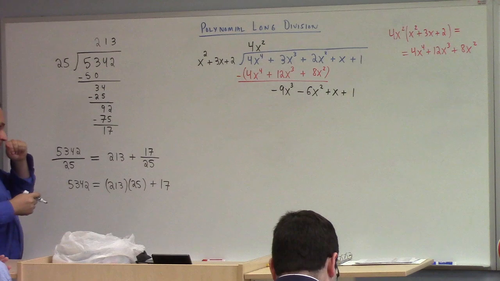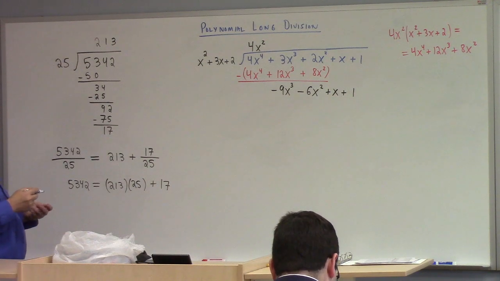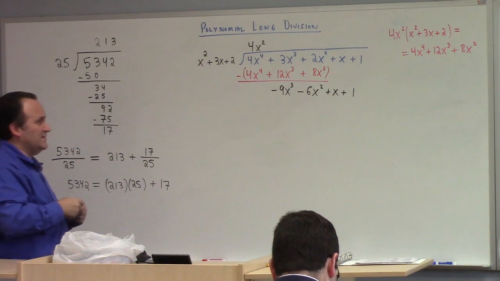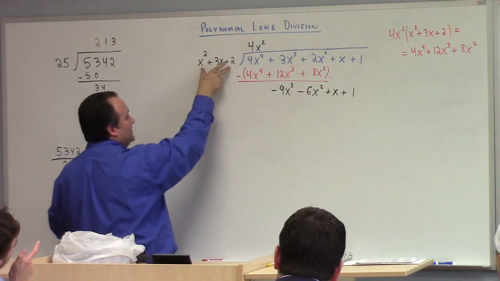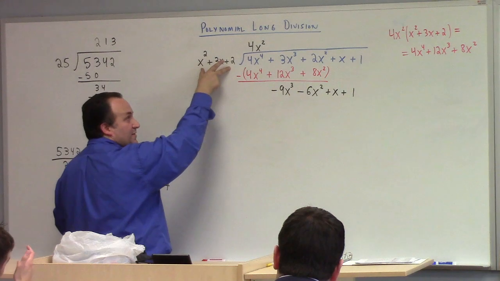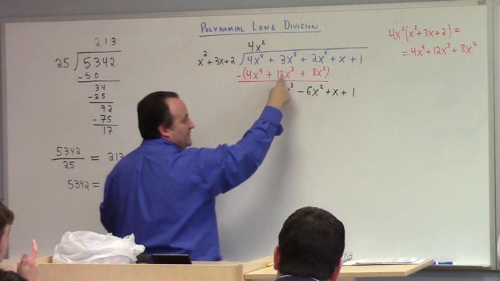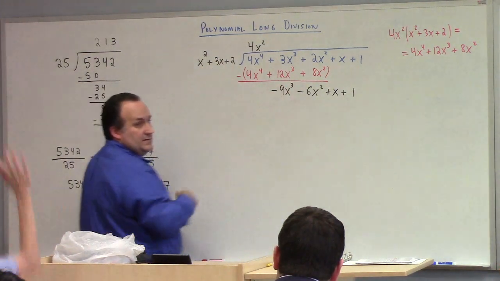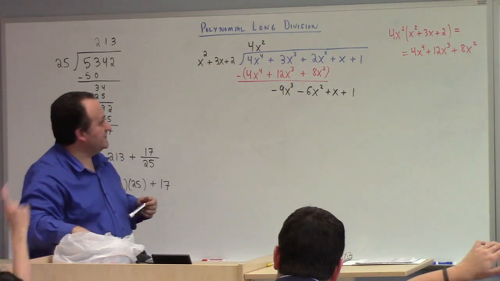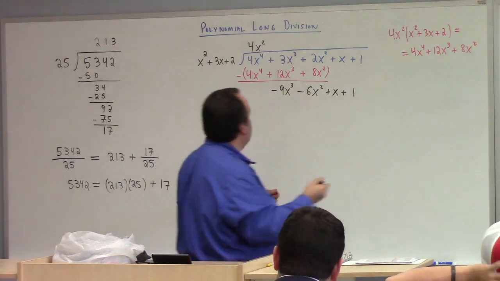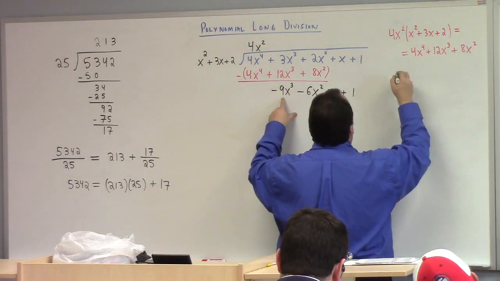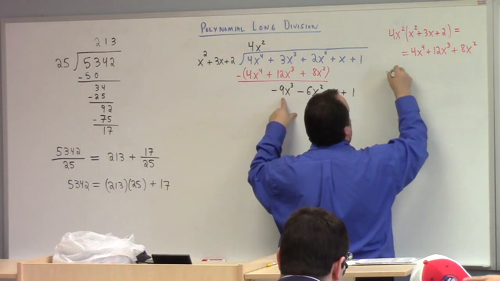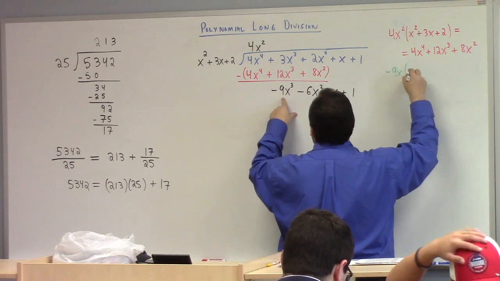So then the question is, looking at the divisor here, x squared plus 3x plus 2, what multiple of this do I need to get rid of the biggest thing? 3x cubed? How about I'll trade you your 3x cubed for a minus 9x.